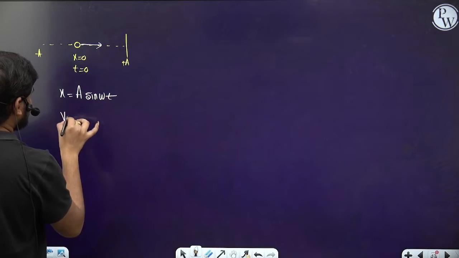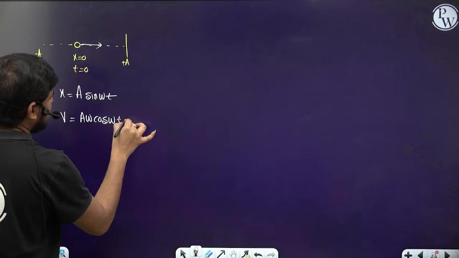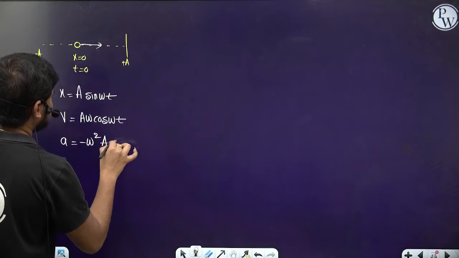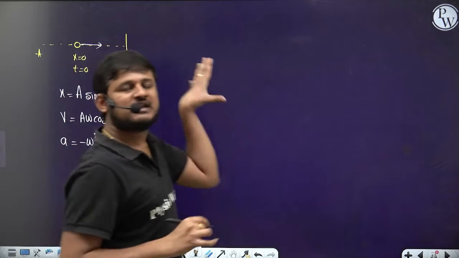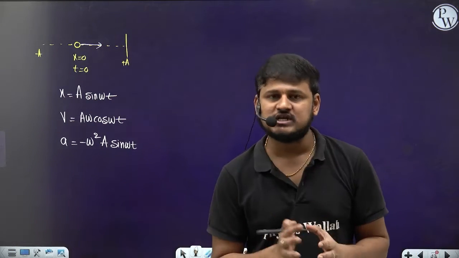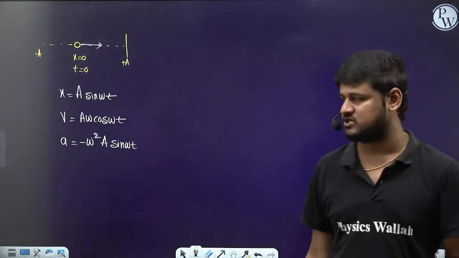Then the velocity will be a omega cos omega t, and the acceleration will be minus omega square a sin omega t. This is the basic and most popular equation of the S.H.M. If they don't give anything in the question, we have to consider it's performing S.H.M from the mean position towards the right extreme position. Done?